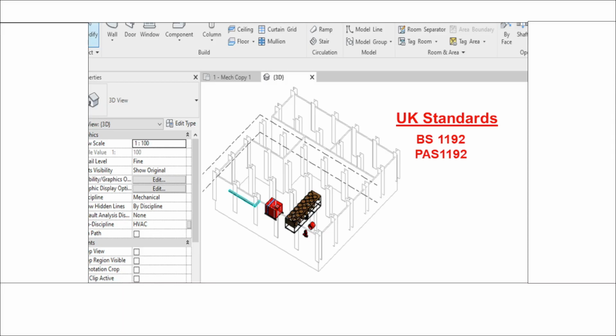BS 1192, British Standard Code of Practice for Collaborative Production, Management and Exchange of Construction Information.